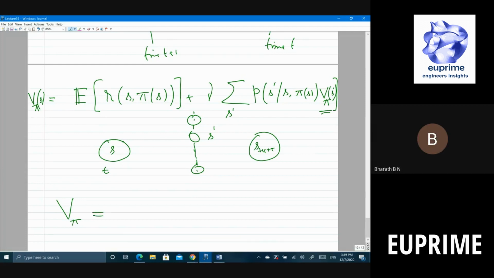And similarly, the expected value of r of s comma pi of s, the first column, I can write as r. Again, it also depends on pi, so maybe if you want the dependency, I'll write it. Nu times, what will happen to this? This is a transition probability matrix, right? I'll call it P, so maybe I'll write it as P pi.